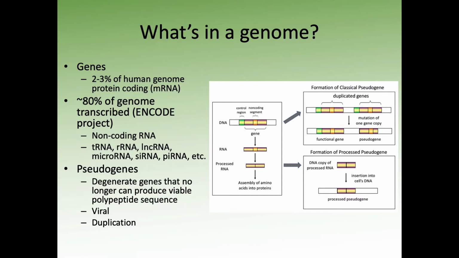However, if we look at the percentage of the genome that's actually transcribed, that's made into an RNA, that comes in at about 80% of the genome. And a lot of this ends up being something that we refer to as non-coding RNAs.